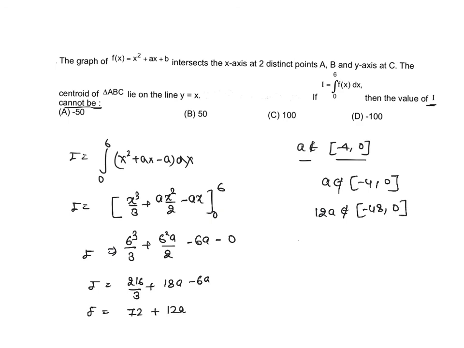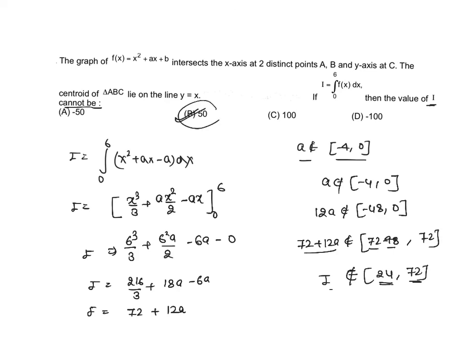Now 72 plus 12a does not belong to 72 minus 48 comma 72. So I does not belong to 72 minus 48, which is 24, to 72. So between 24 and 72, 50 will lie. So 50 is your answer. Other values are possible.